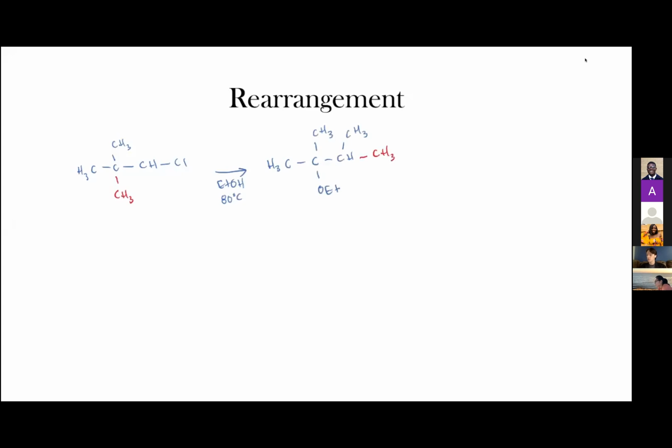So this group right here has been rearranged over here.